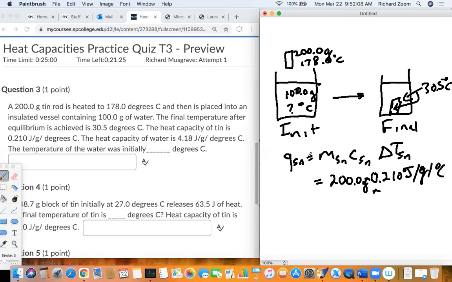And then we've got the change in temperature. Now the change in temperature is going to be 178.0 minus 30.5 degrees Celsius. Let's work that out a little bit here.